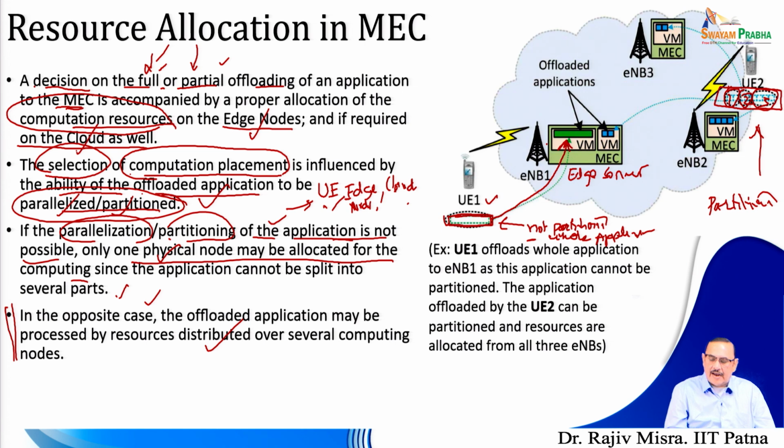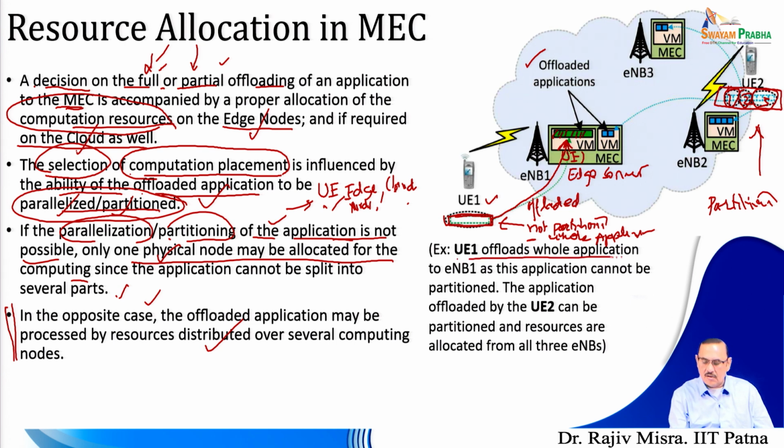So, you can see that this entire application will be offloaded in its entirety here in the eNB1 edge server, and this will be running as the virtual machine, that is shown over here. So, this is called the offloaded application, and this offloaded application is from user equipment 1.